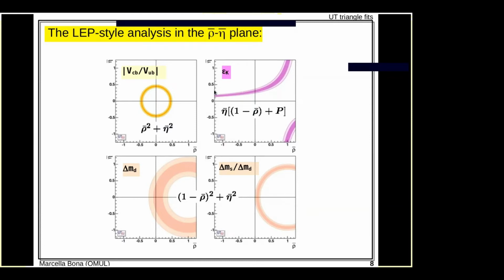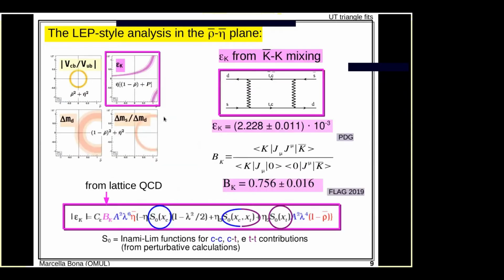So you see the connection to the CKM matrix is obvious. Now, there are different functional forms that I'm going to give you. So I start from kaon physics because it's a little bit of an outlier. You're going to hear from Christina a lot about kaon physics.